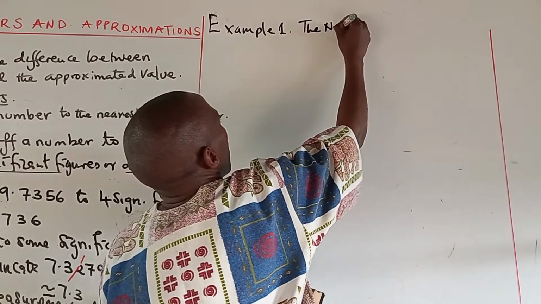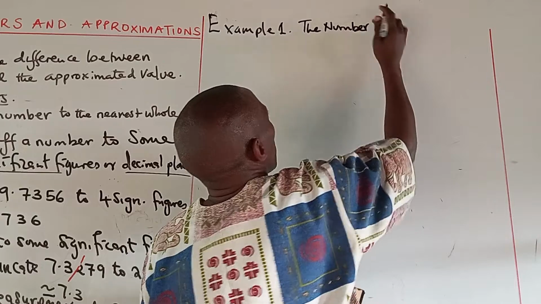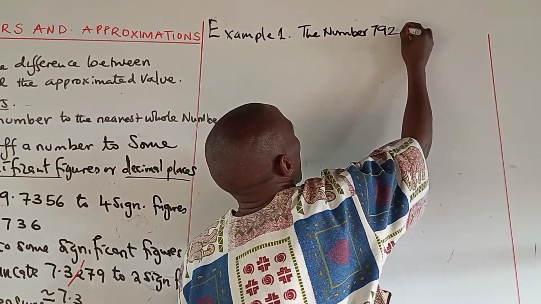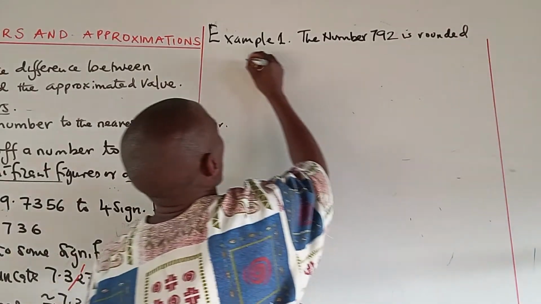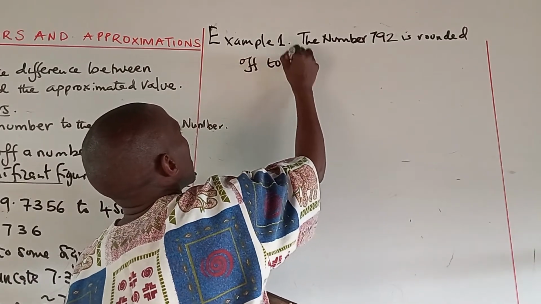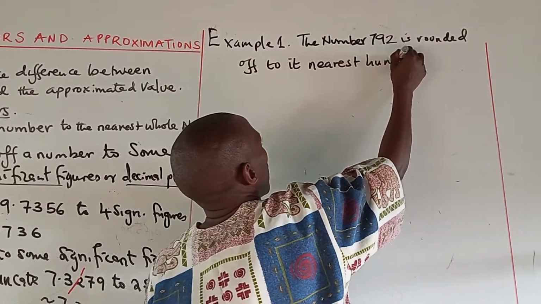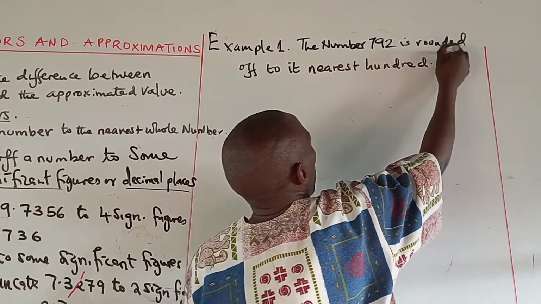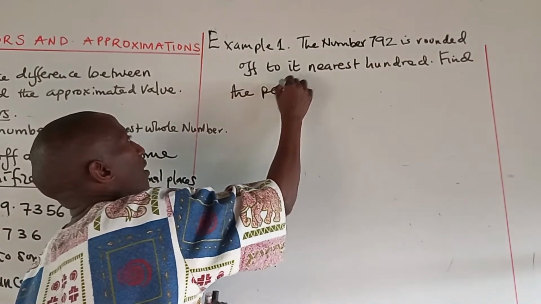The number 792 is rounded off to its nearest 100.